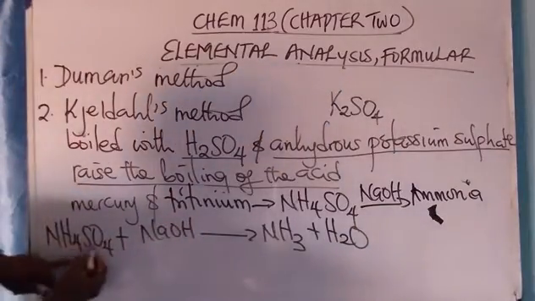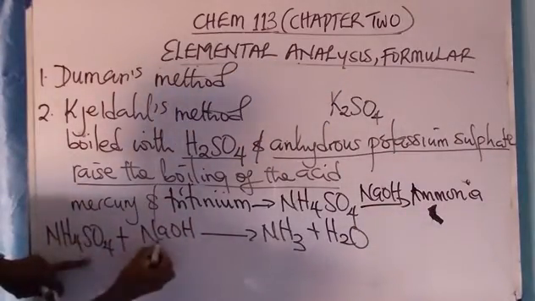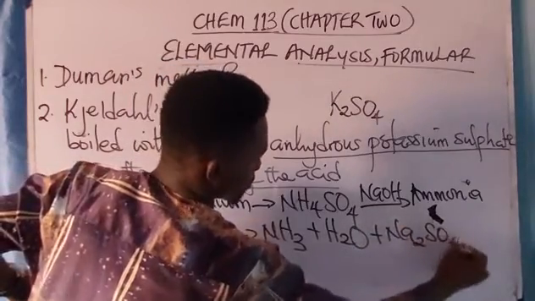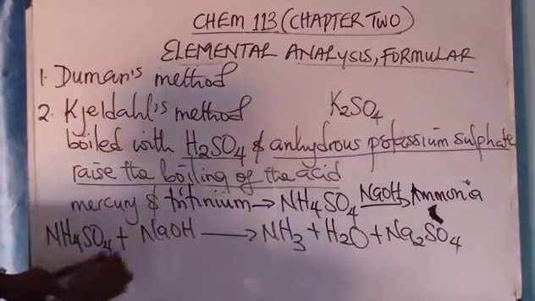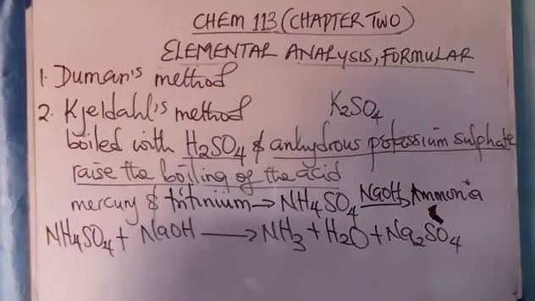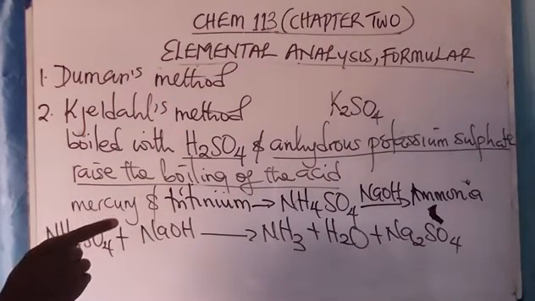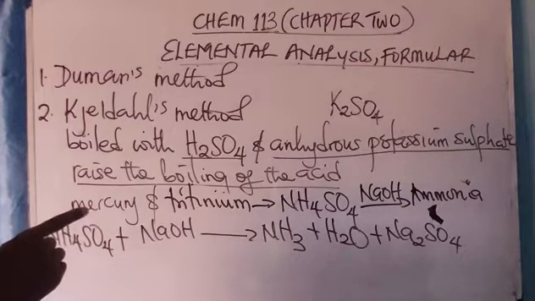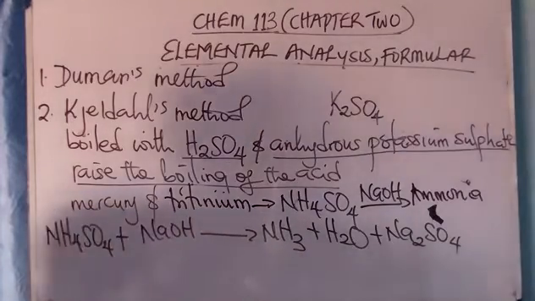So I am left with SO4 and Na, and that becomes sodium sulfate. So for me to balance the equation, how many oxygen do I have there? Okay, so that is it. That is how it is.